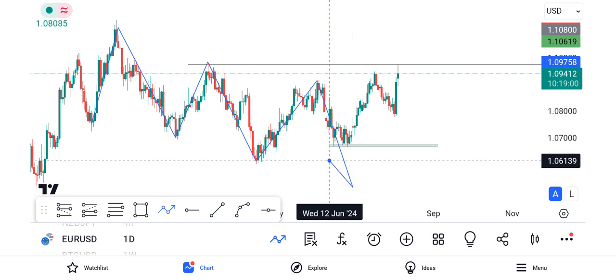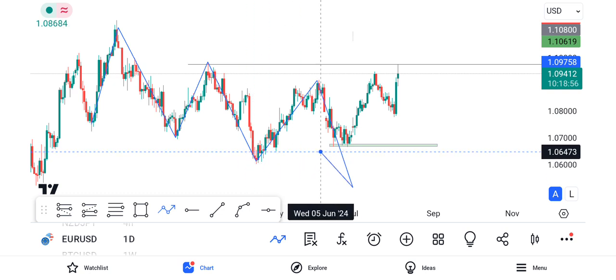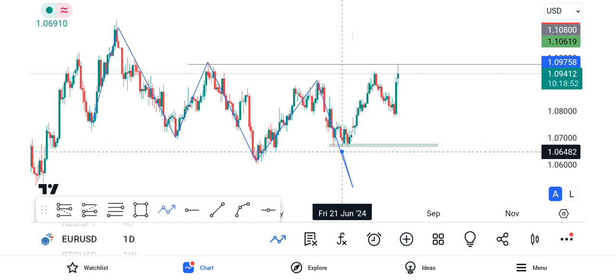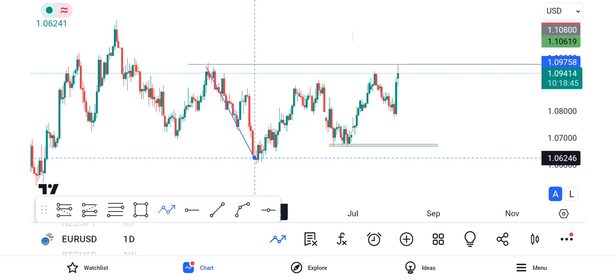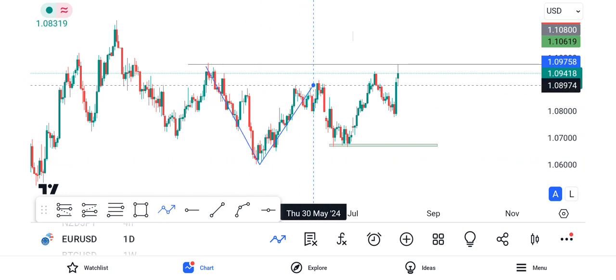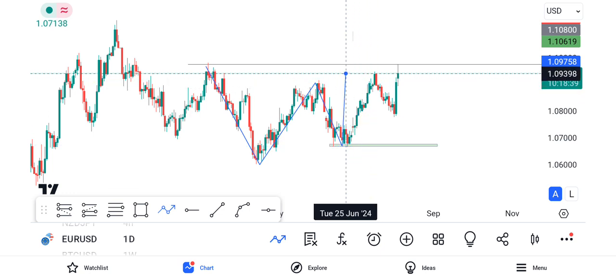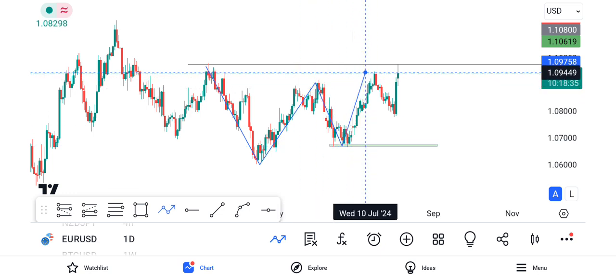I'm expecting it to break lower, to break this low for the continuation of the downtrend, but unfortunately price didn't do that. Instead, it traded down, came up, unable to break it, and went back to break this resistance right here.